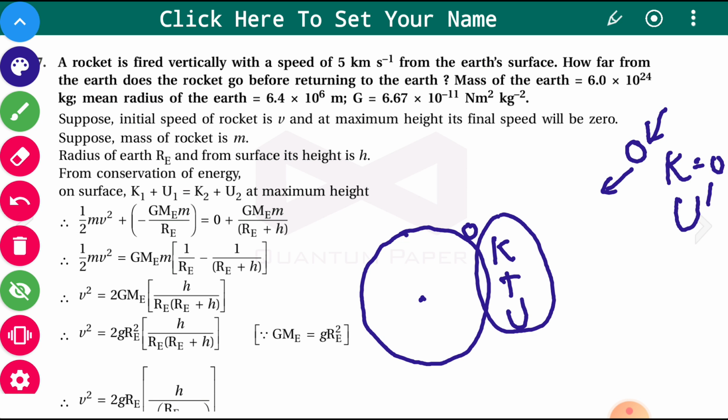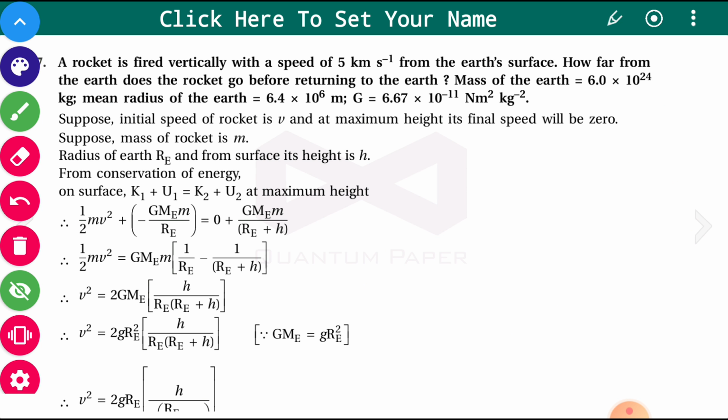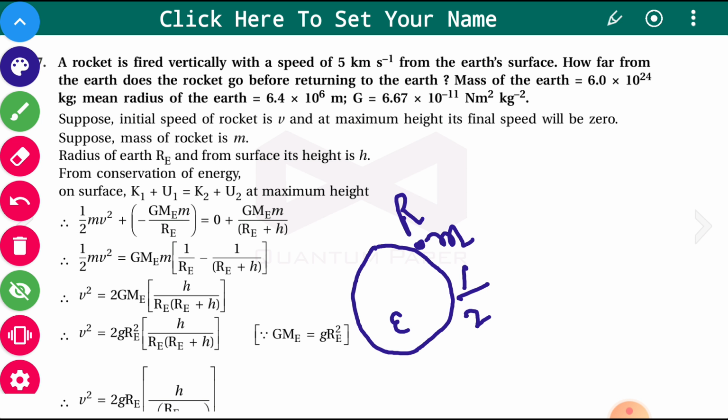Okay. Now another thing, say this is the earth, and this is the object, or a rocket, which is fired. So this is the rocket whose mass is, say, m. So it has initial kinetic energy 1/2 mv square, and this object is at distance, say, Re from the center of the earth.